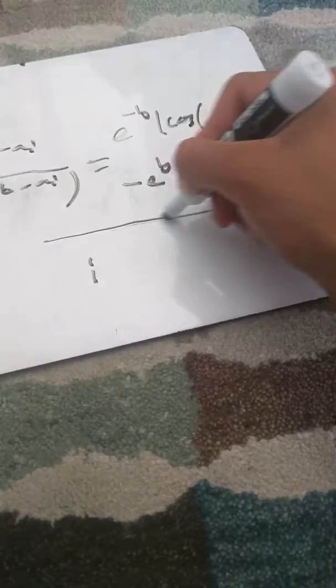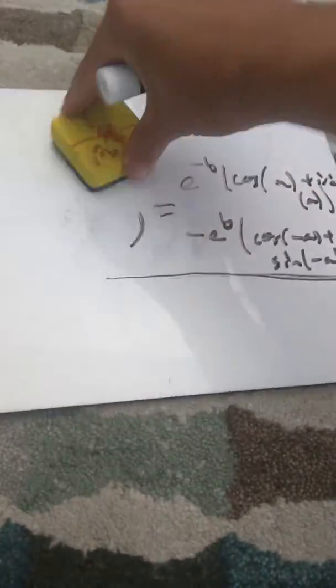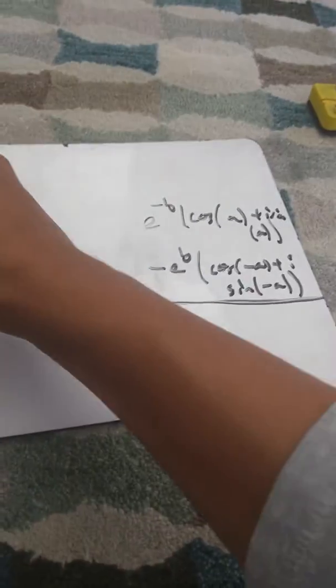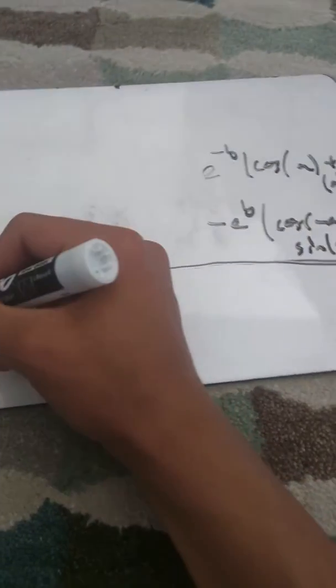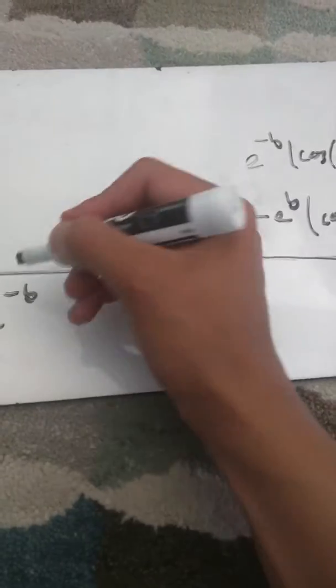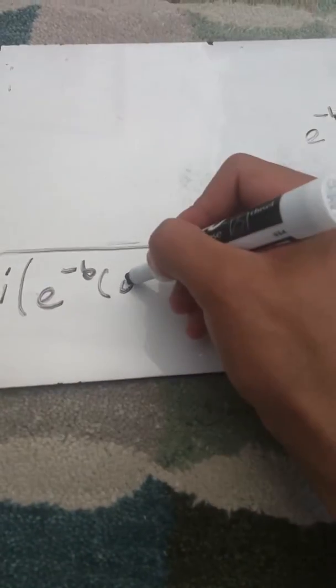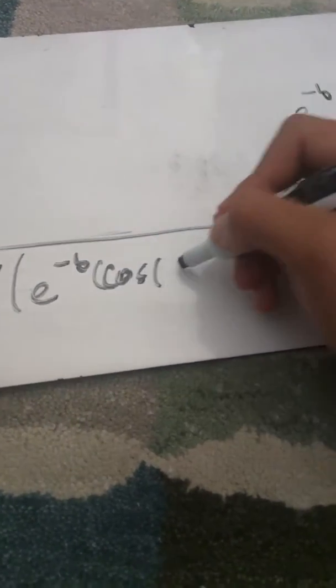And then dividing all of this by i times e to the negative b times cosine of a plus i sine of a.